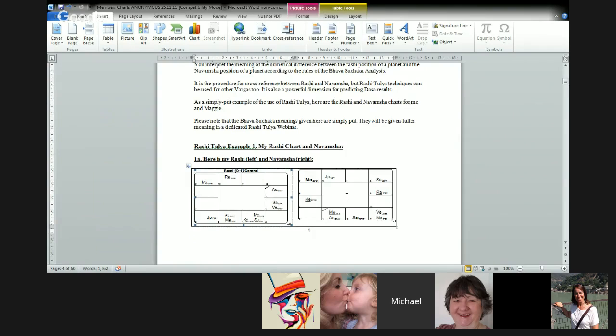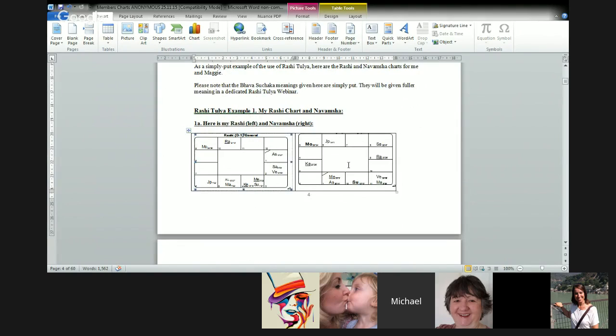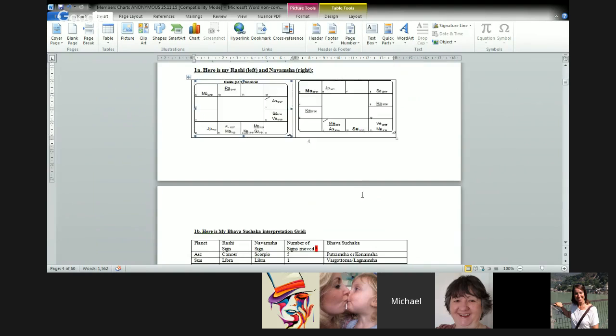So what Rashi Tulya does is puts the message of the soul into the birth chart, and then interprets it according to 12 techniques. And I've given you a very abbreviated buzzword so that you can apply each to your Rashi Tulya operation, seeing how your soul maps into your birth chart.